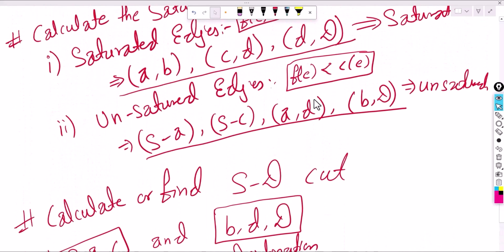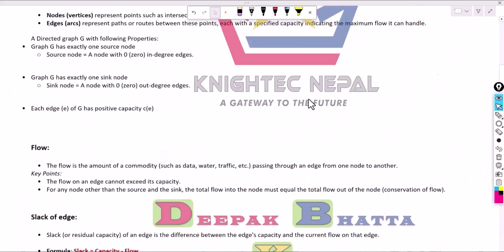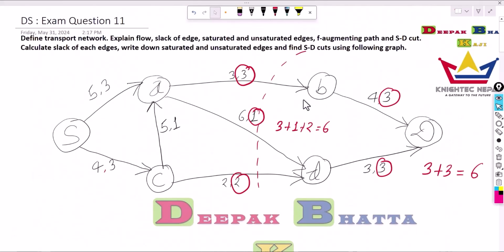So this much for today. Hope you understand how the transportation network works and how we need to calculate the saturated and unsaturated edges, how we need to calculate the slack of each edge, and how to find the S to D cut.